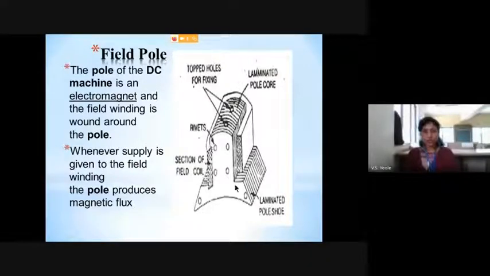Now over this, you can see that field winding is wound. This is called field winding, which is made up of copper. Whenever the supply is given to this field winding, the field pole will get magnetized and it will produce magnetic flux. So this is the function of field pole and field winding.